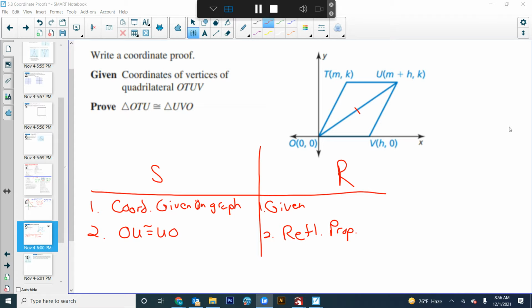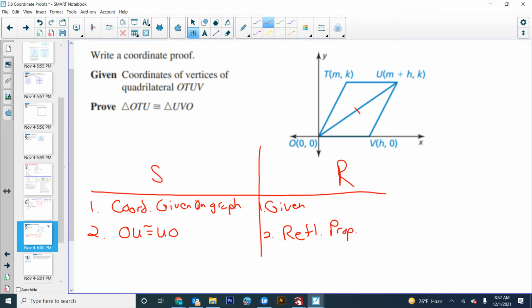I'm just saying, can we say there's a pair of parallel segments? But can we say it from the picture? Could we find the slopes of OT and VU? We can, can't we? And then prove they're parallel so that you can use alternate interior angles? I like it. Nice.